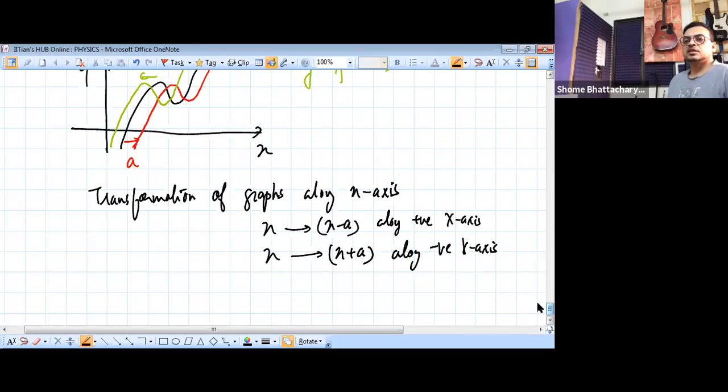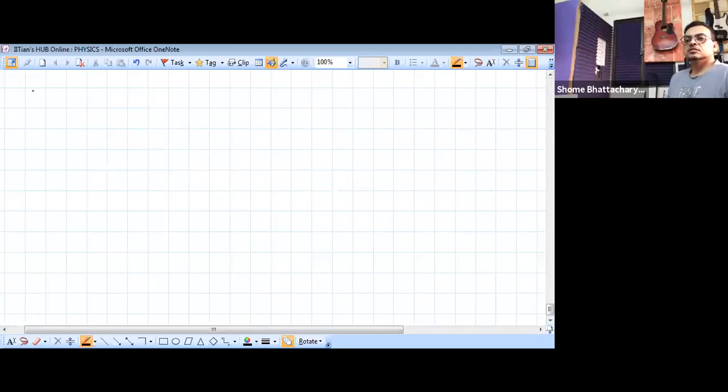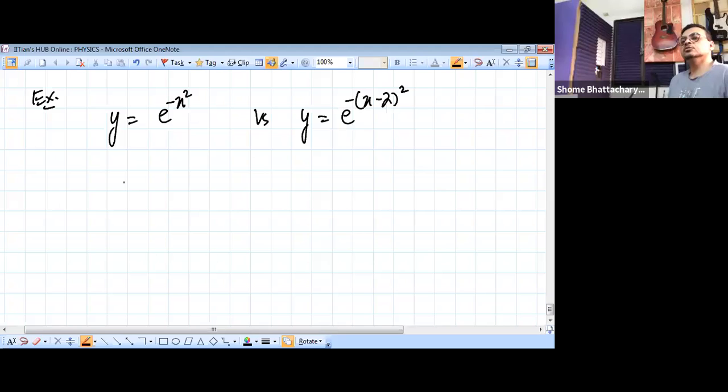That's a general rule. Okay. So let's, for example, just apply this concept here. Look at a function like this. We have y is equal to e raised to the power minus x square versus y is equal to e raised to the power minus (x minus 2) whole square.